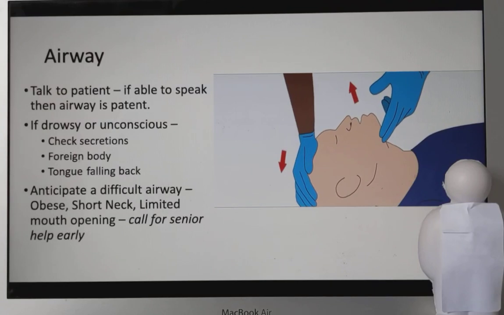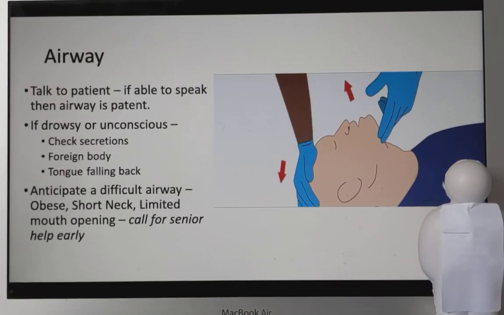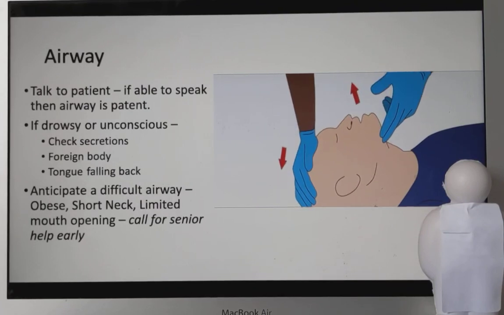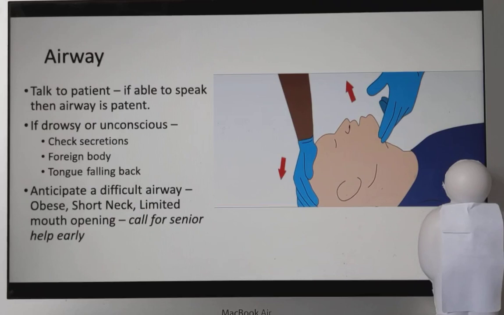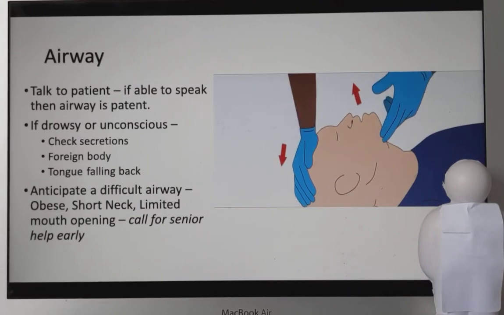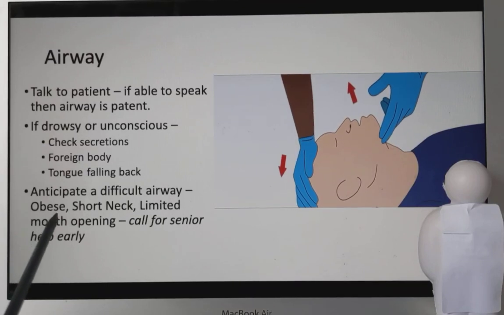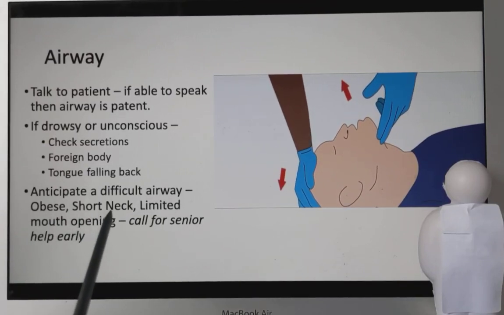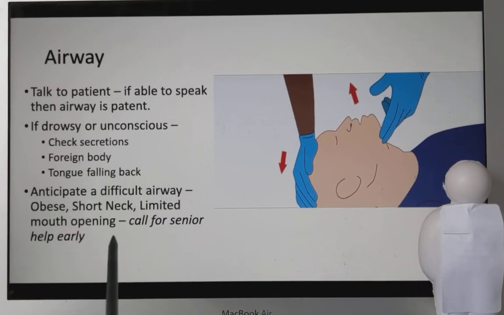Sometimes we anticipate a difficult airway, meaning that their airway is easily occluded, and if you have to intervene, say for an intubation later on, there could be problems. So if they are obese, have a short neck, or limited mouth opening, then you should call for senior help early.